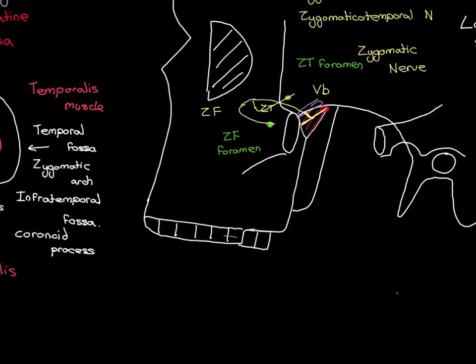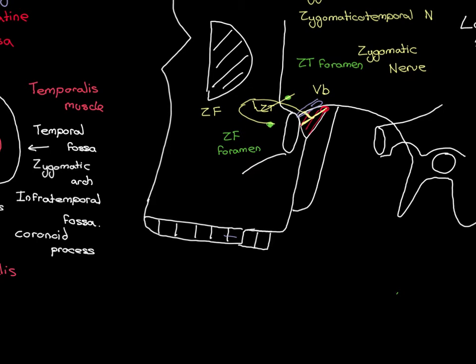So, for instance, it might cover part of the temporalis muscle, which is, of course, in the temporal fossa here. So it's going to cover things in that sort of region. So overall, we're getting the message that in this sort of region, we're going to have sensory innervation carried by the maxillary nerve. Whereas, remember, in the eye and the forehead and the top of the scalp, that was the domain of the ophthalmic nerve.